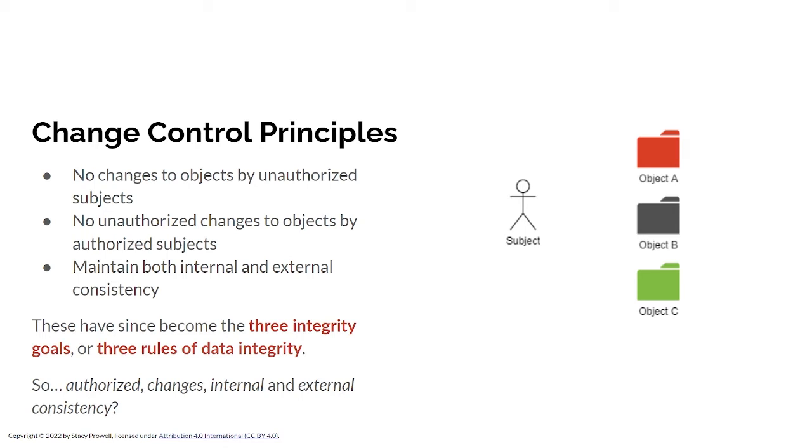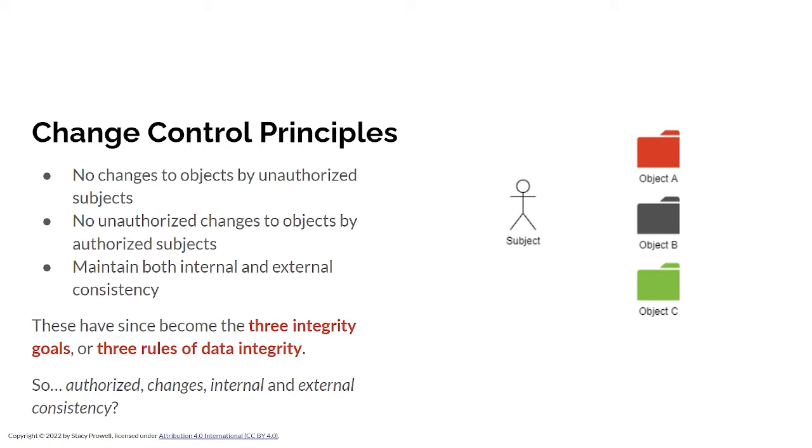So the Clark-Wilson model brings us three principles. No changes to objects by unauthorized subjects. Okay? If you want to change something, you have to be an authorized subject, an authorized person to make that change. No unauthorized changes to objects by authorized subjects. Right? You may be authorized, but the change you're trying to make is something that you're not permitted to do, and that's bad, right?